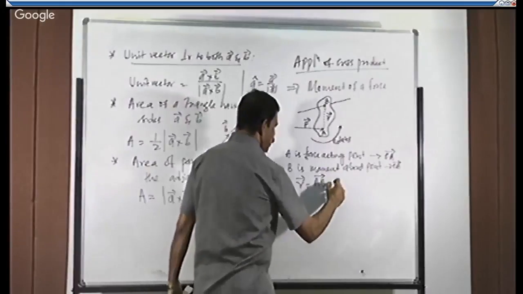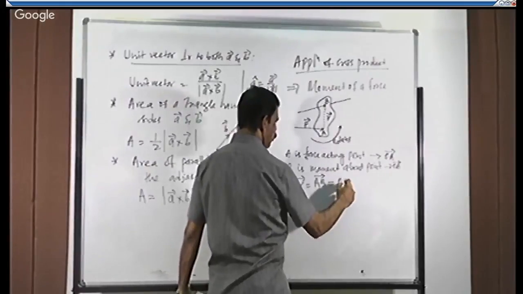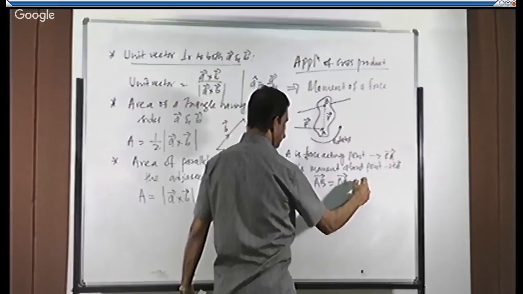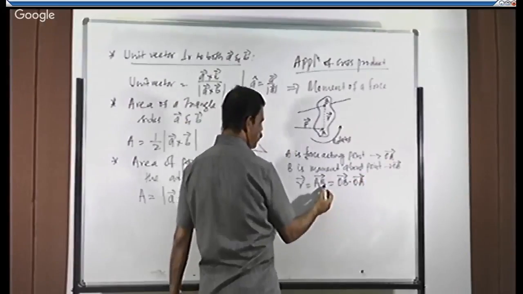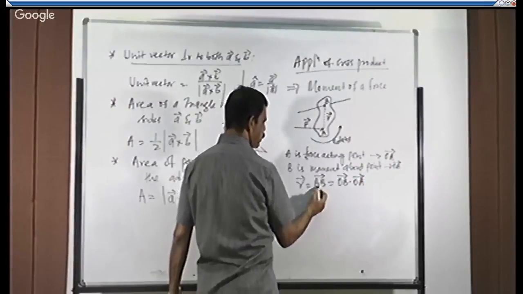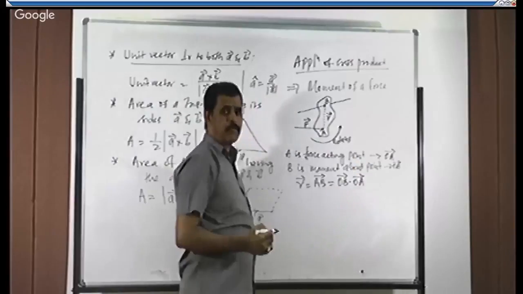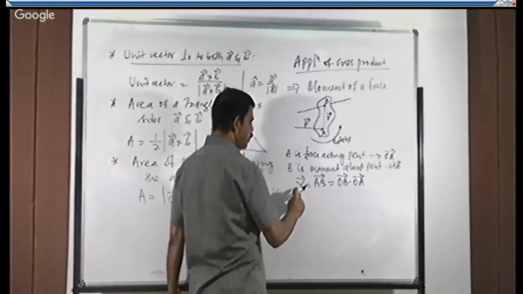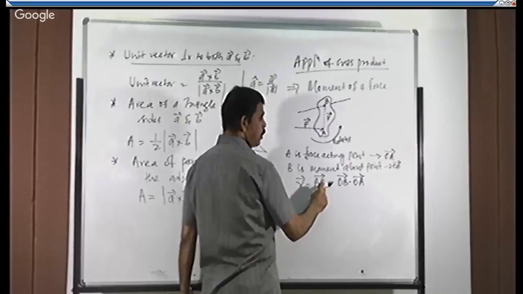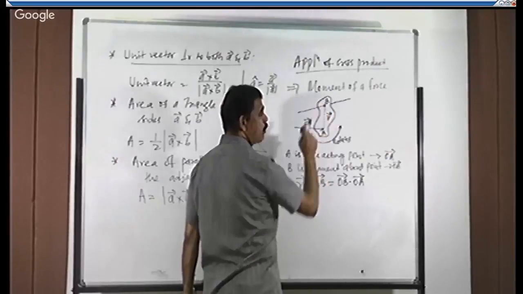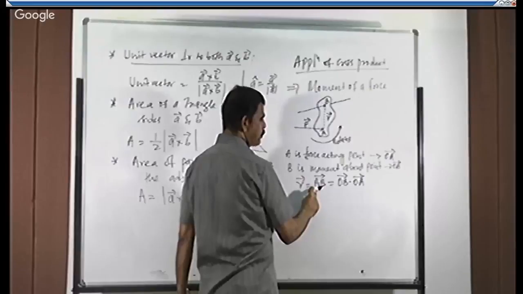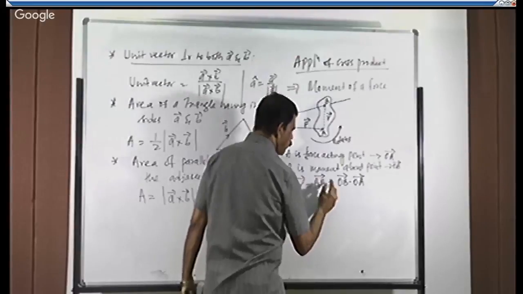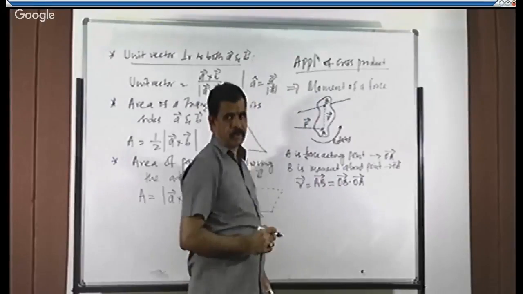So how to get R? It is OB minus OA. Position vector of the terminal point minus position vector of the initial point. OB minus OA. In some books, it is mentioned that R is equal to AP. P will be the about point. A will be the force acting point. So you follow any one convention, right?